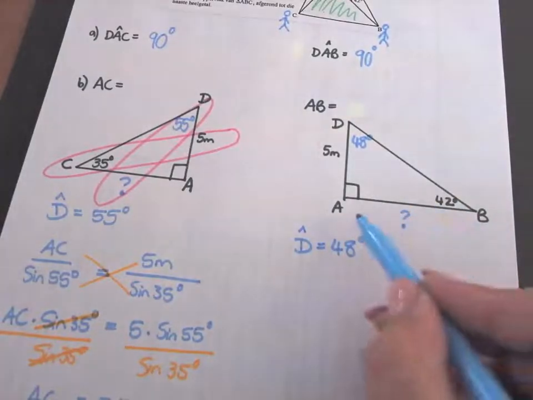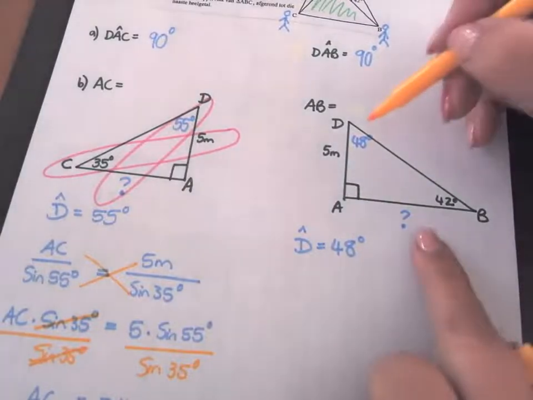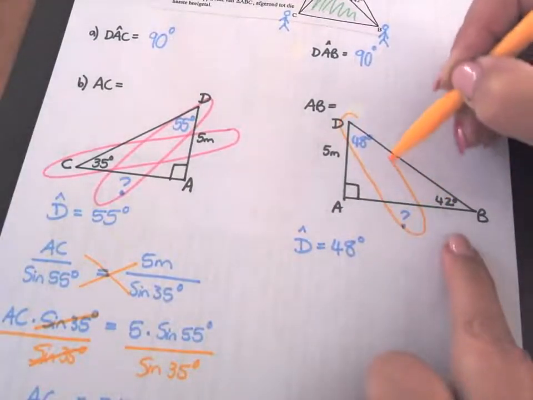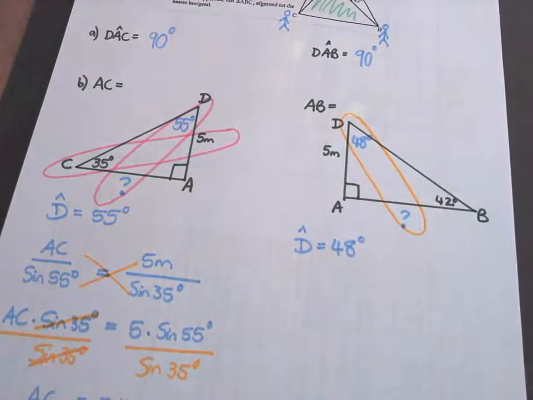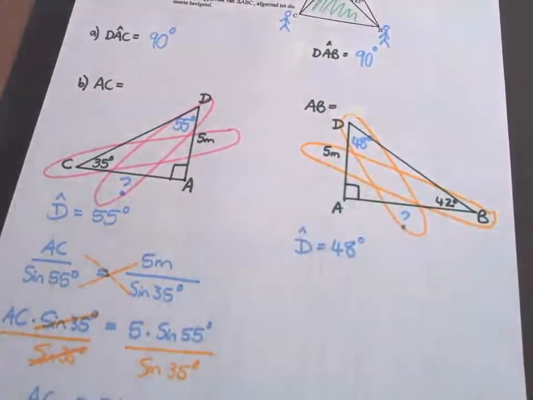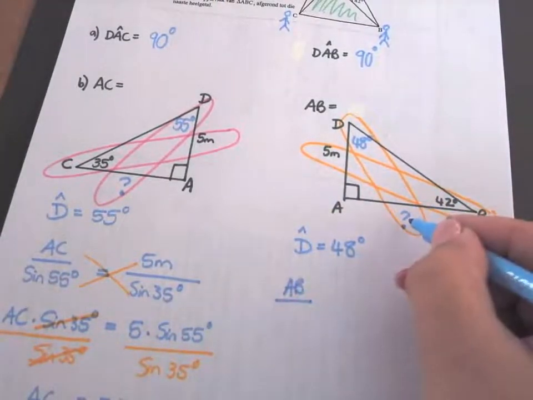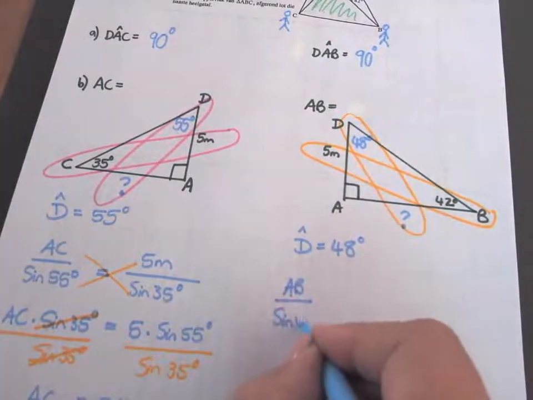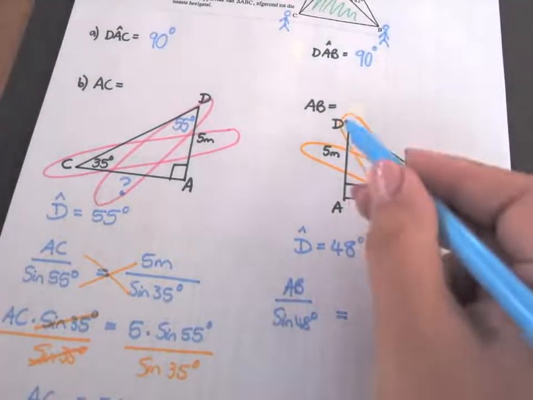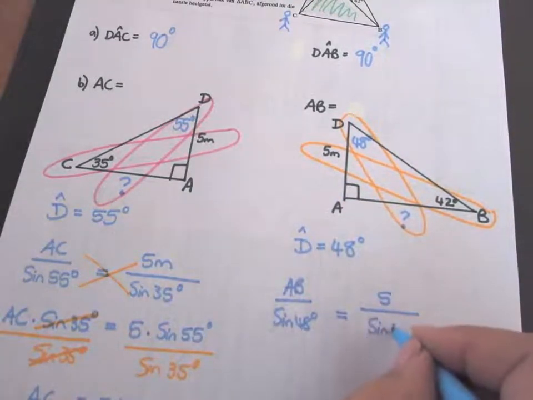I want AB. Do I have its opposite angle? Yes. I have D. Do I have another angle with its opposite side length? Yes. B. I have a propeller, so I use the sine rule. AB over sine 48 equals AD, which is 5, over sine 42.